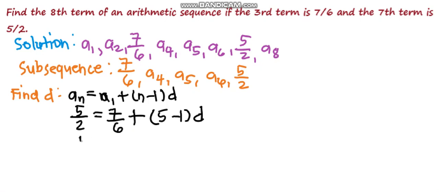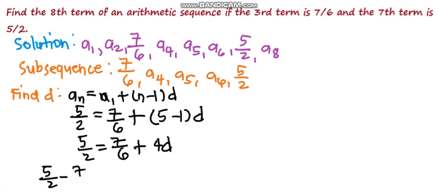Anyway, let's simplify. 5/2 equals 7/6 plus 5 minus 1 is 4 times D, 4D. And we transpose 7/6 sa left side. 5/2 minus 7/6 equals 4D na lang. And again, what is 5/2 minus 7/6?